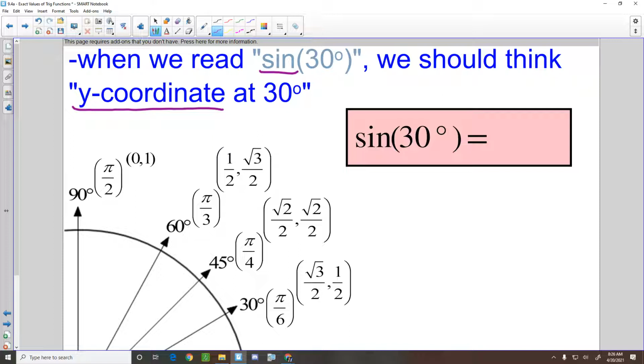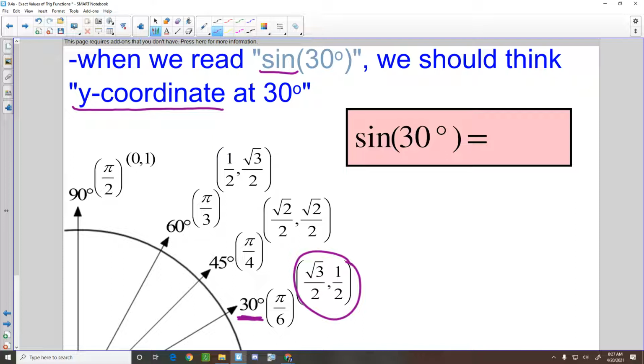So when I ask you for the sine of 30 degrees, what you should do is go to your unit circle, go to 30 degrees, which is down there, and think about the coordinates. All right, so that's the coordinates at 30 degrees. It's root 3 over 2, comma 1/2. And of those two values, for the sine, we want the y-coordinate. So what is the y-coordinate at 30 degrees, everybody?